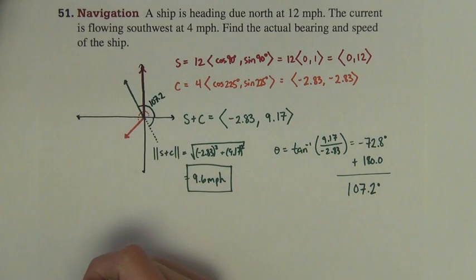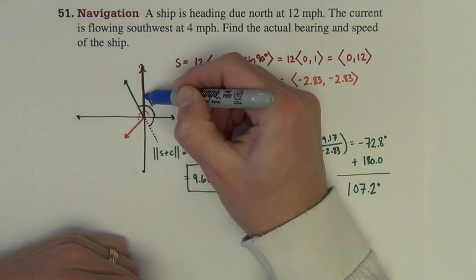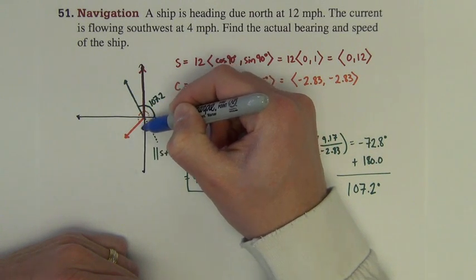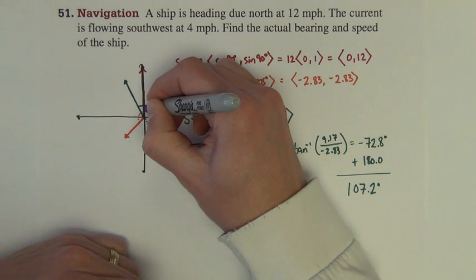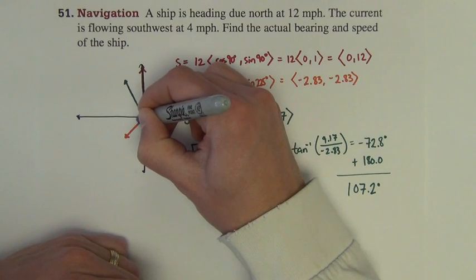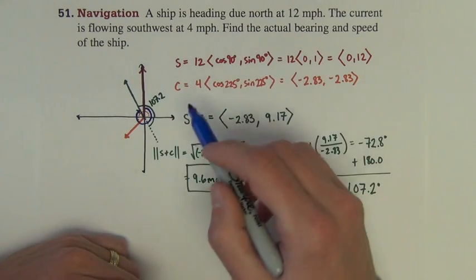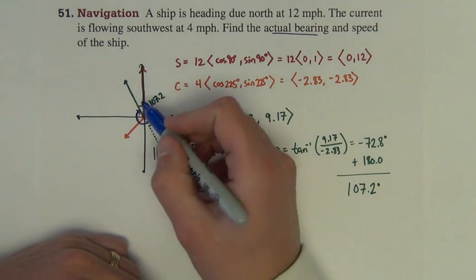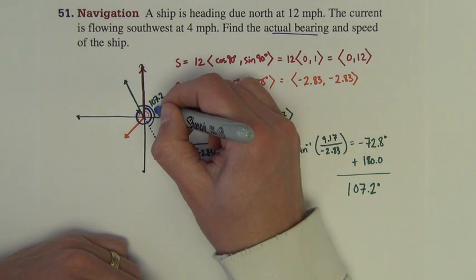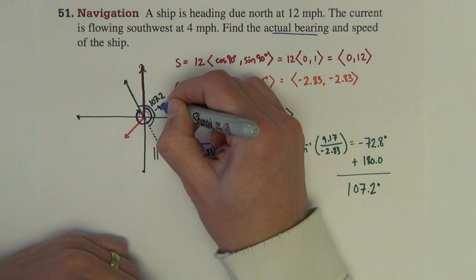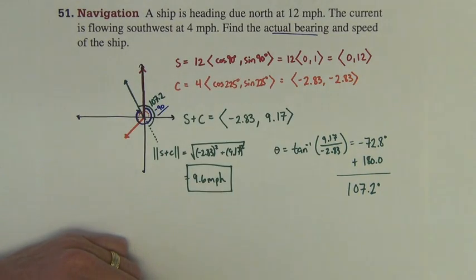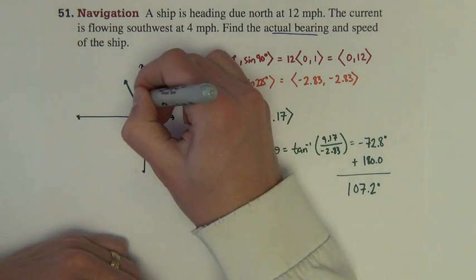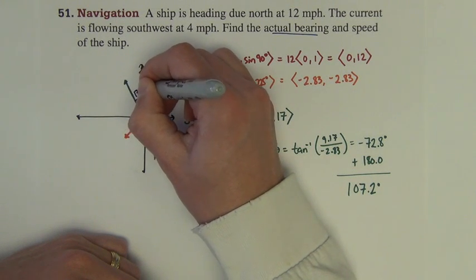The angle that we actually want is the angle that measures off of north clockwise to here. So let me try and draw this in here. This is what we actually want. Okay, that would be the actual bearing of the ship. So if I take 90 away from that, that tells me that this bit here is 17.2, just inside of there.